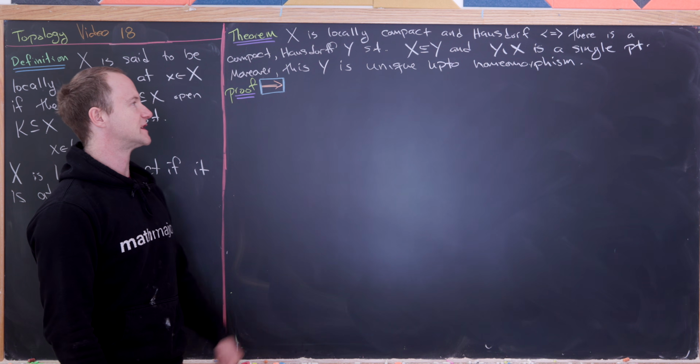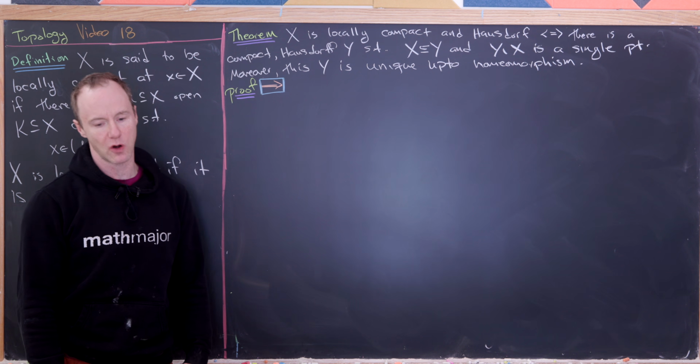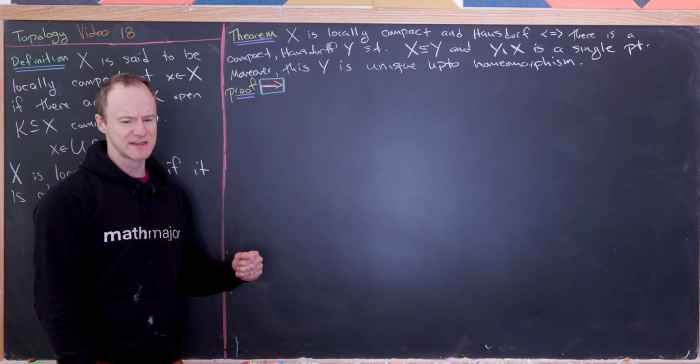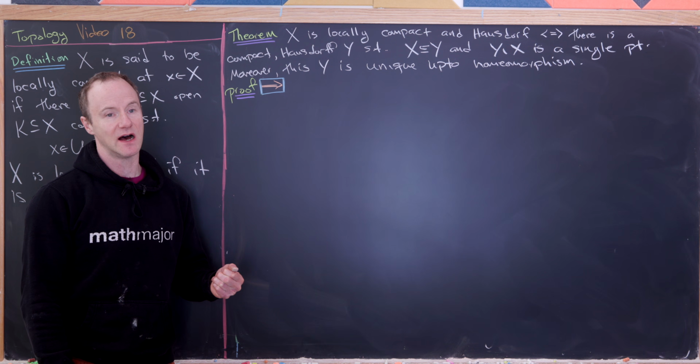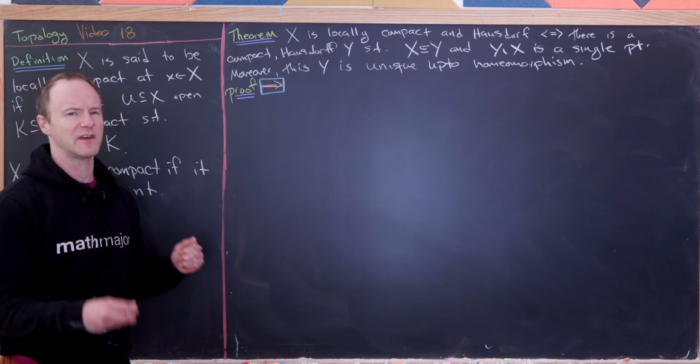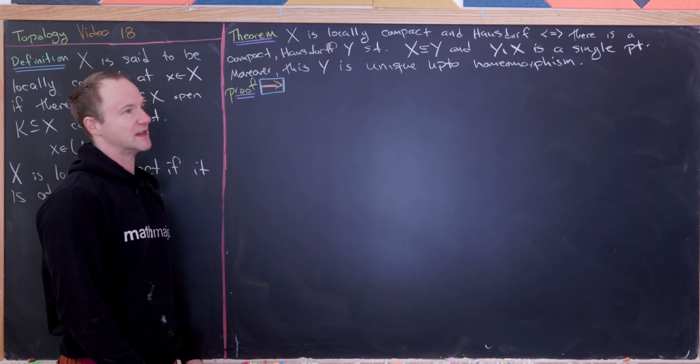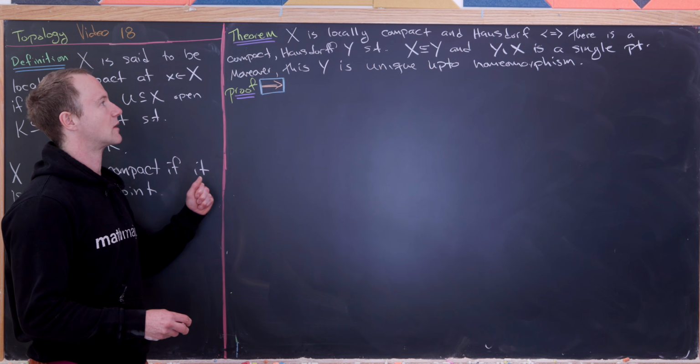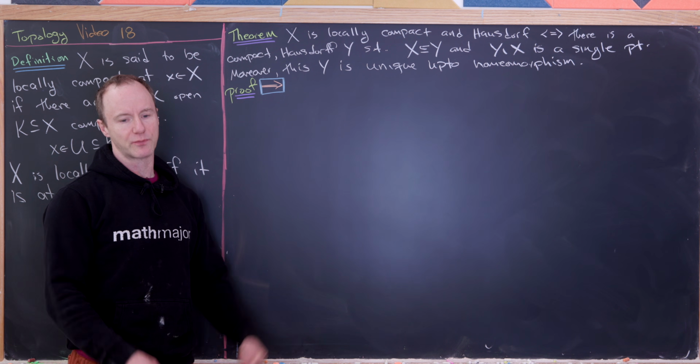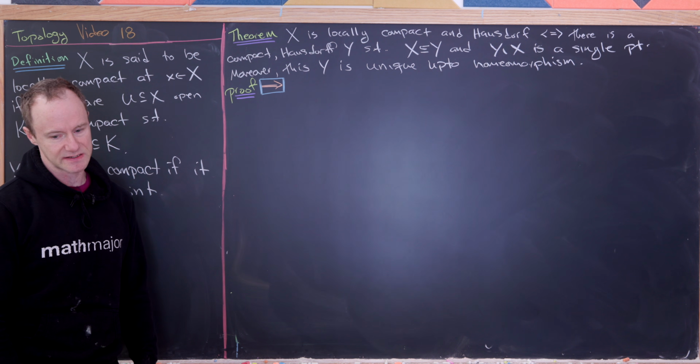And moreover, this Y is unique up to homeomorphism. And in fact, we'll see that that homeomorphism has a nice property. We could put that into the theorem here, but I don't think it's really necessary to write it down. We'll just keep it in mind when we prove the uniqueness.